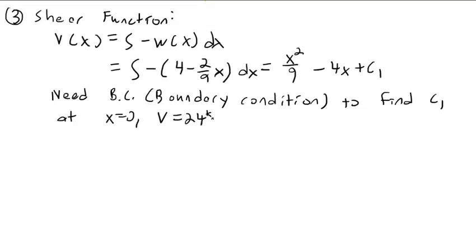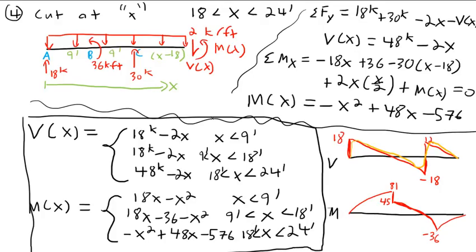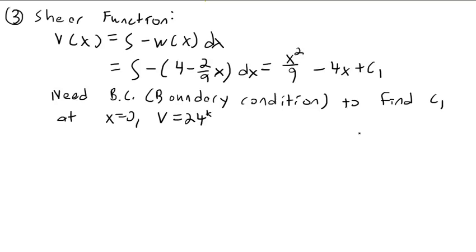Whenever you have a support on the left end, the initial shear is going to simply be the initial reaction. As we saw in this example, we had this positive 18 here. That reaction caused an instantaneous jump in the shear, so that's one of our boundary conditions.